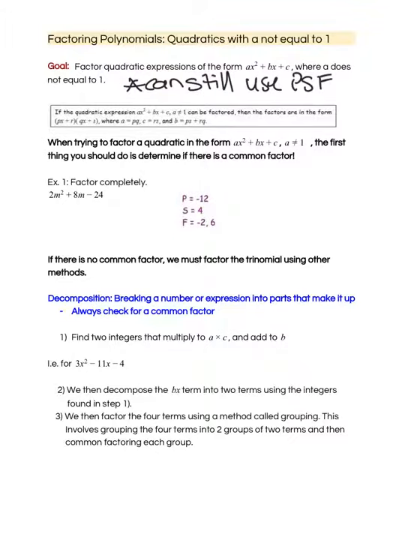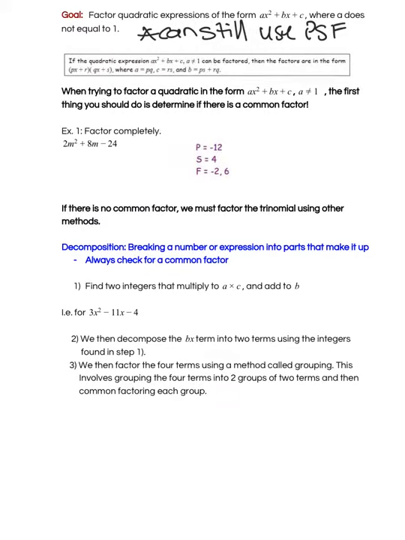So if I'm looking at the first example here, I have a common factor, and that's a common factor of 2. If I look, I have 2 in every single thing. I'm going to take out 2. That's going to leave me with m squared plus 4m, sorry, minus 12.